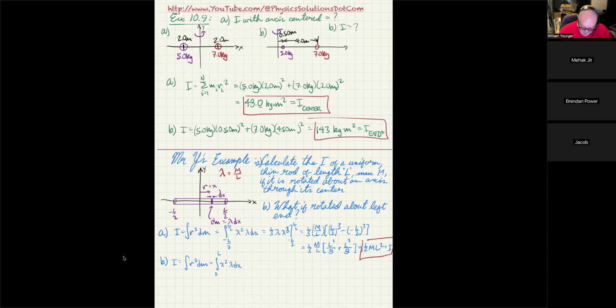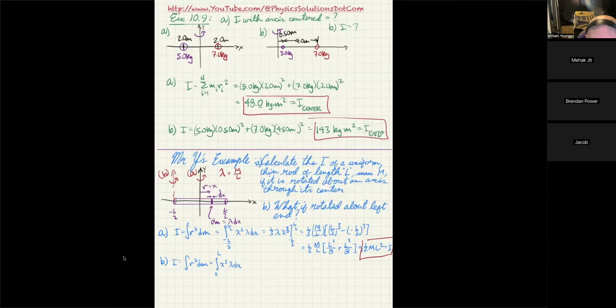So we're doing the same sort of process, only now I've moved the axis of rotation to here for part B and to here for part A. So now that distance from the axis is still just the variable x.